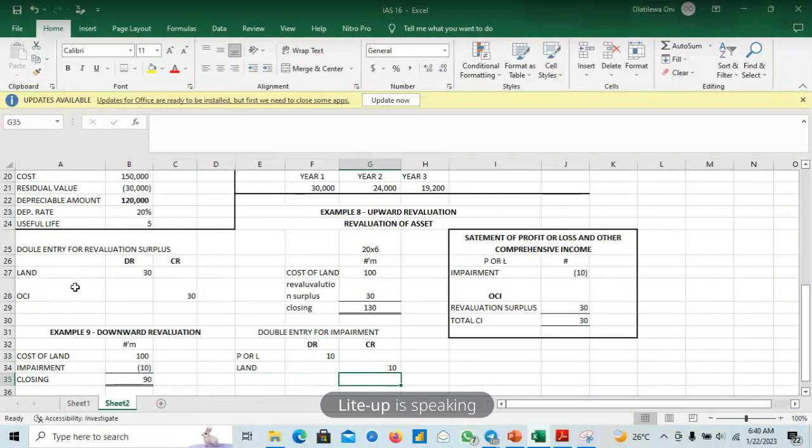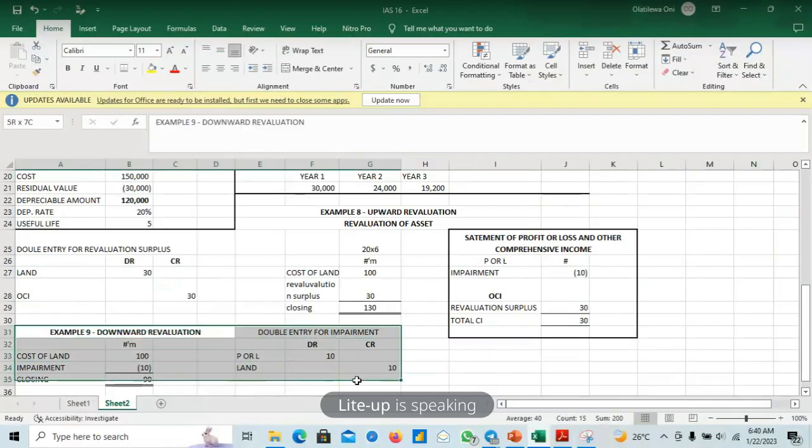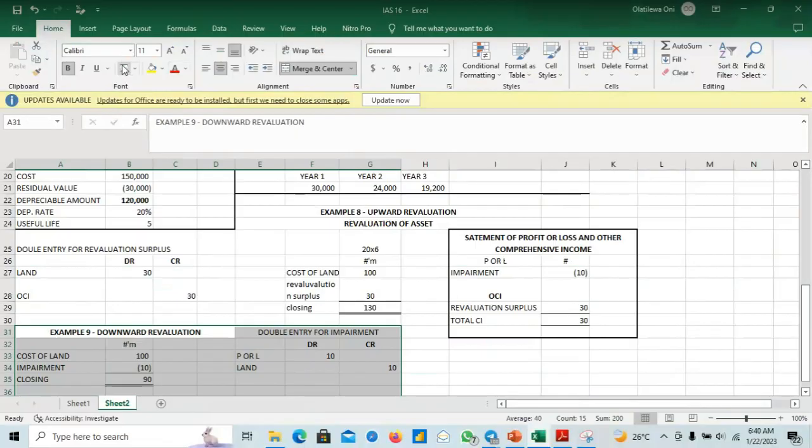The double entry for revaluation surplus is: debit the property, credit OCI. For impairment, debit profit or loss and credit land. That is the double entry for impairment of an asset. This example is related to impairment of an asset, and the earlier example was related to the revaluation of an asset.